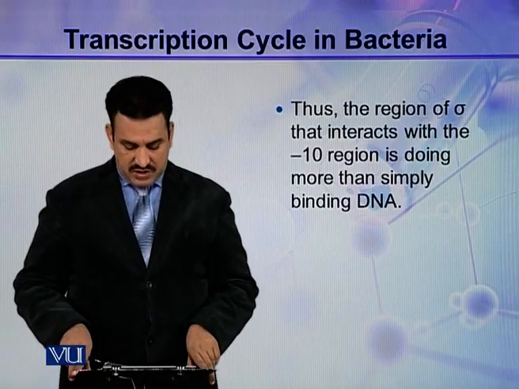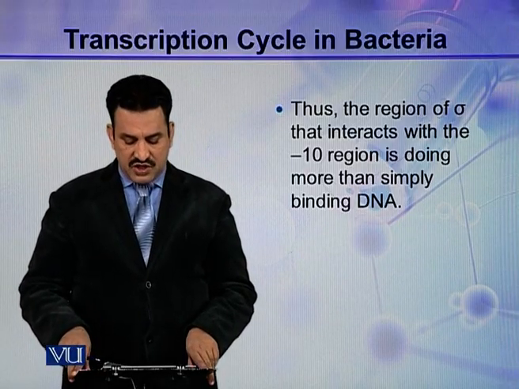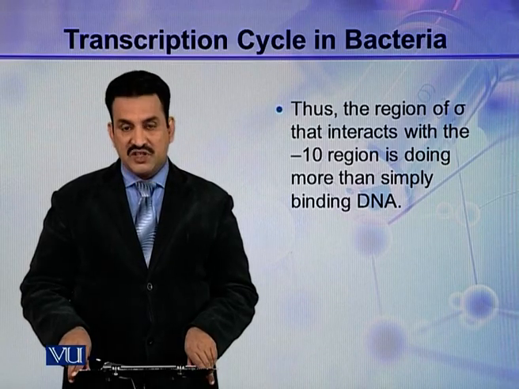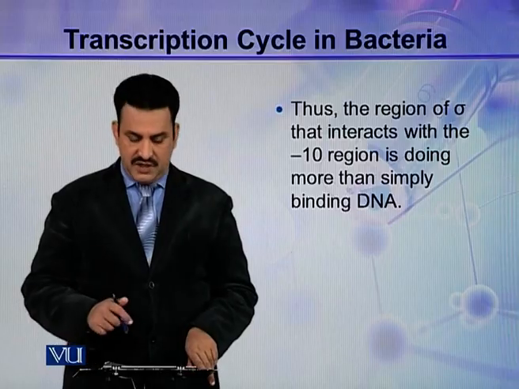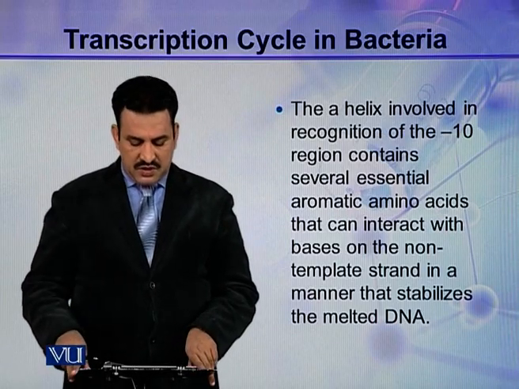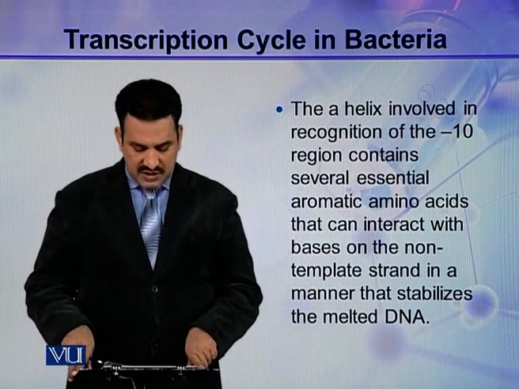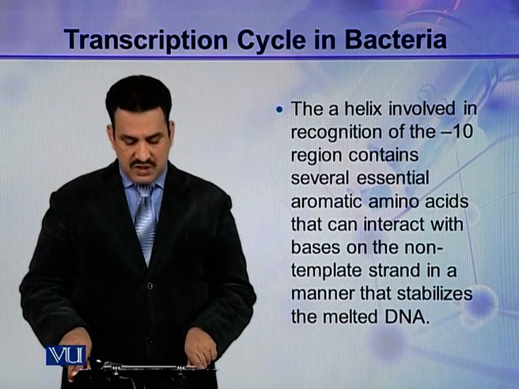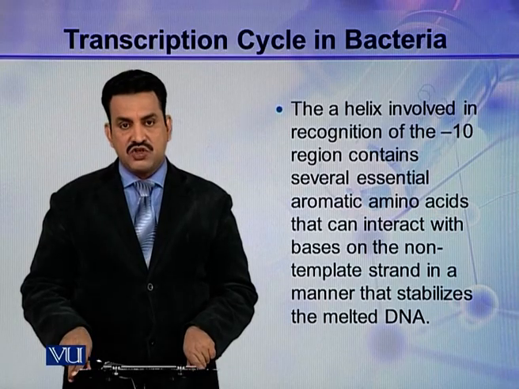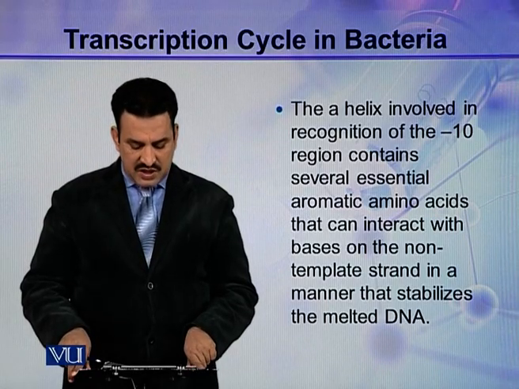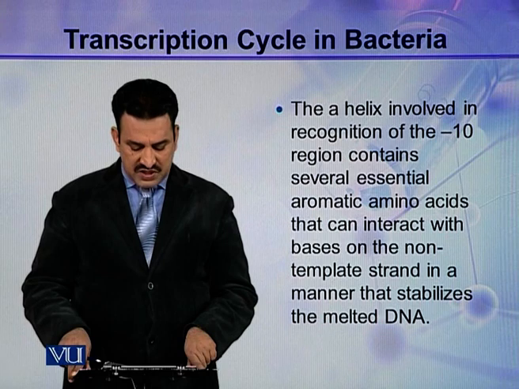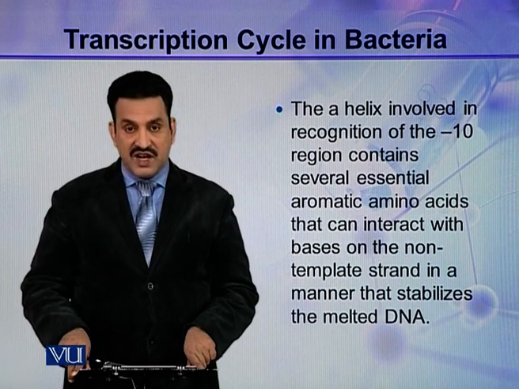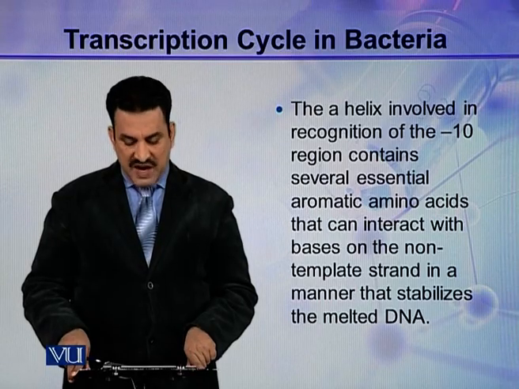Thus the region of sigma that interacts with the minus 10 region is doing more than simply binding DNA. The alpha helix involved in the recognition of the minus 10 region contains several essential aromatic amino acids that can interact with bases on the non-template strand in a manner that stabilizes the melted DNA.